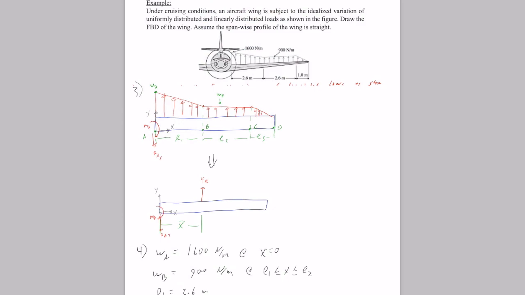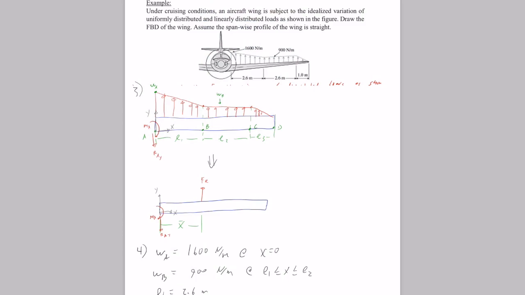Okay, so first at the top we've got the problem description with a much prettier picture than I'll draw. Pretty much it's idealizing a wing and the load distribution on a wing. The load starts at 1,600 newtons per meter in this first region, which is about 2.6 meters long, and steadily decreases to 900 newtons per meter.